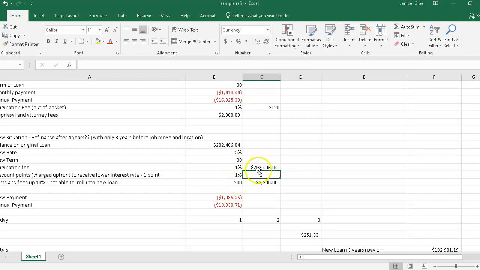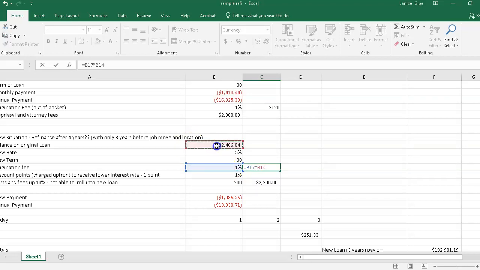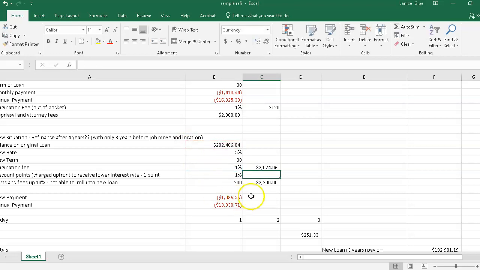Okay, whoops, that is not correct. This is equal to 1% times, which is $2,024.06 that it will cost for the origination fee.